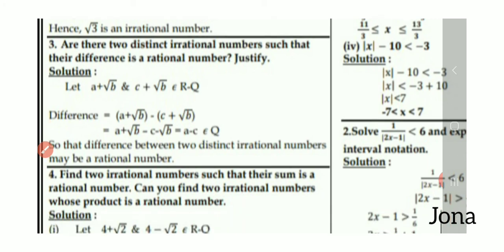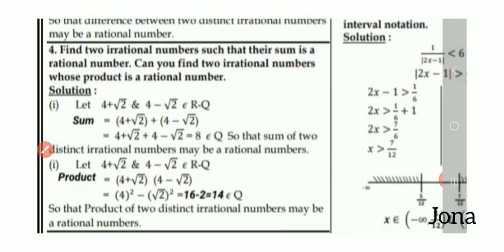The next problem, find two irrational numbers such that their sum is a rational number.